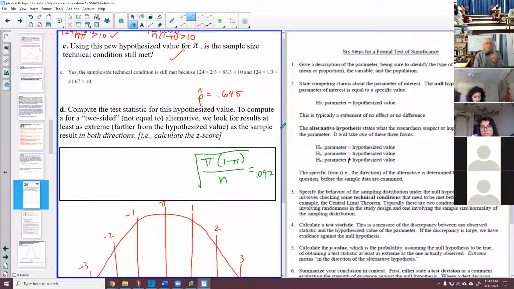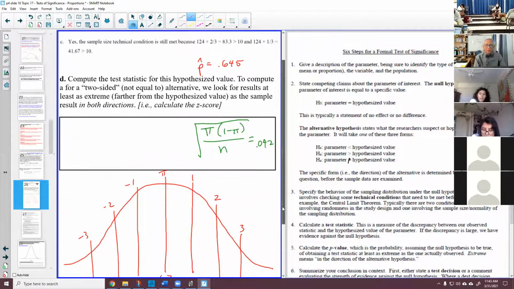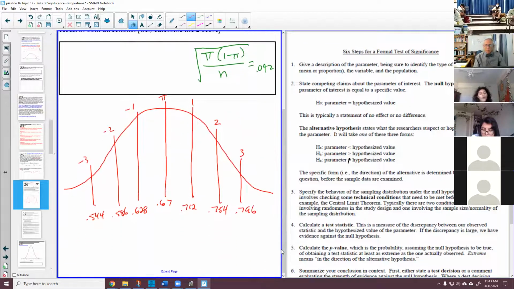Let's compute our test statistic now. Let's put in the 0.645.